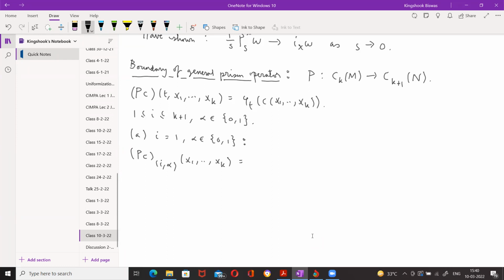This means I put alpha in the first position. So this is Pc of (alpha, x1 to xk), which means this will be phi_alpha of c of x1 to xk.